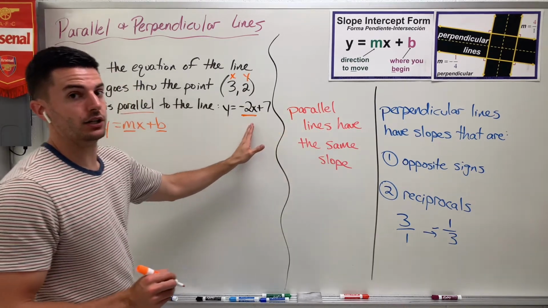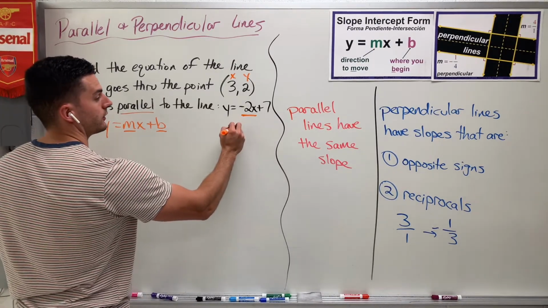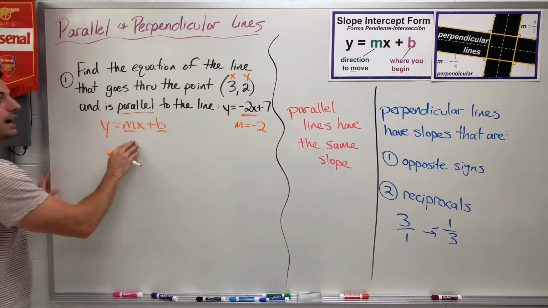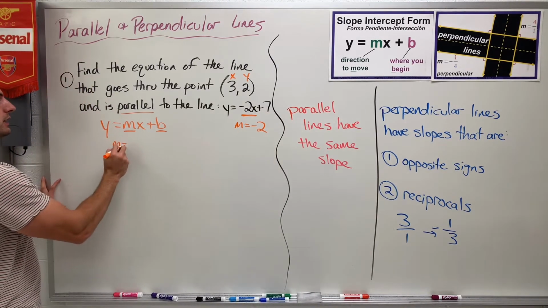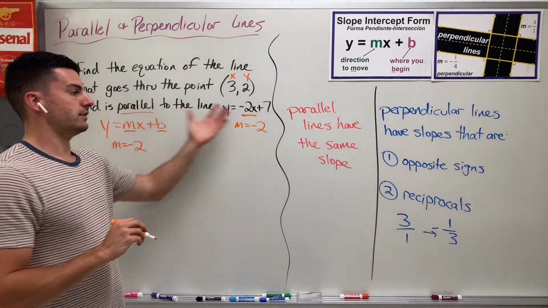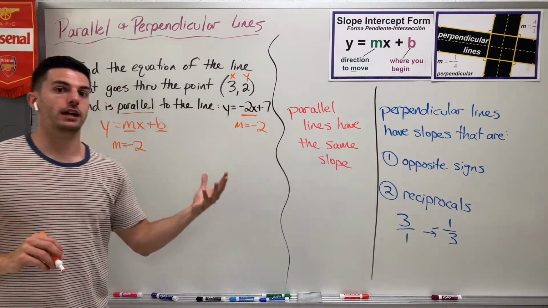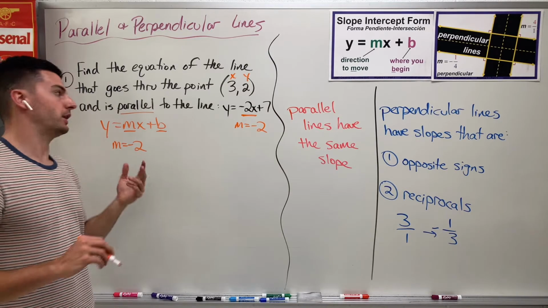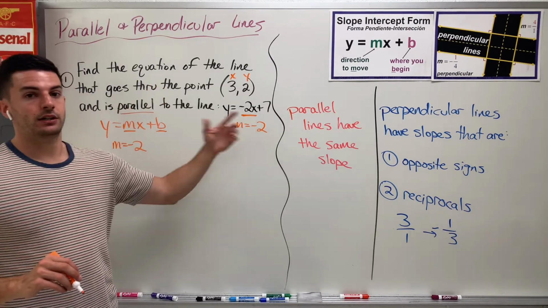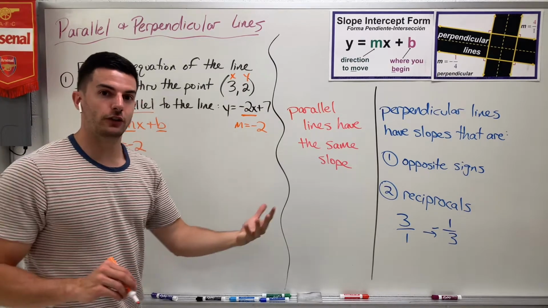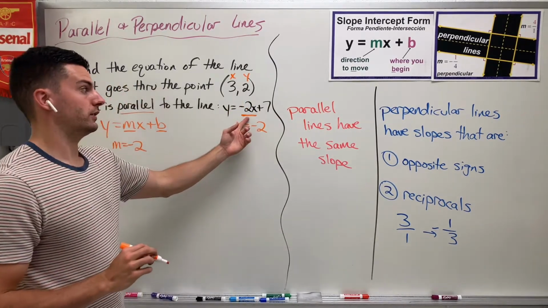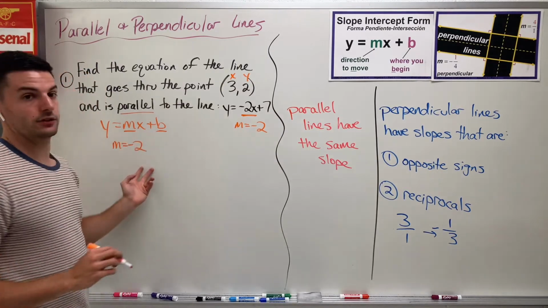I make that connection, and I know that, okay, if this slope is negative 2, and parallel lines have the same slope, my line also has to have a slope that is negative 2, okay? So this is kind of a less clear way of giving you the slope, okay? If you're told that your line is parallel to another one, you're basically being told what the slope is. You just have to look into this equation and see, okay, this slope is negative 2, so that means that my slope is also going to be negative 2.